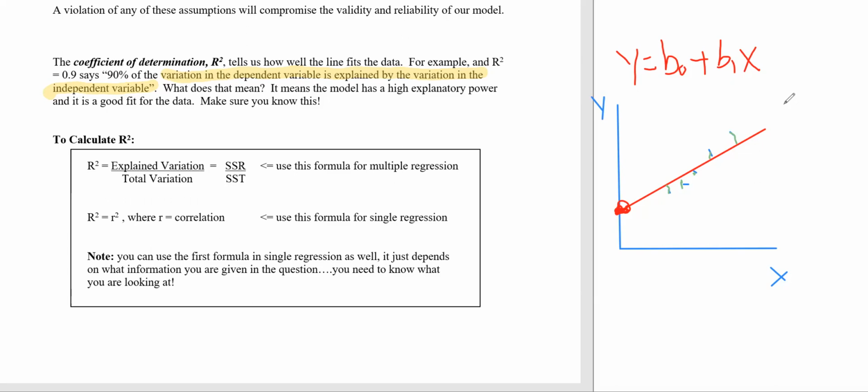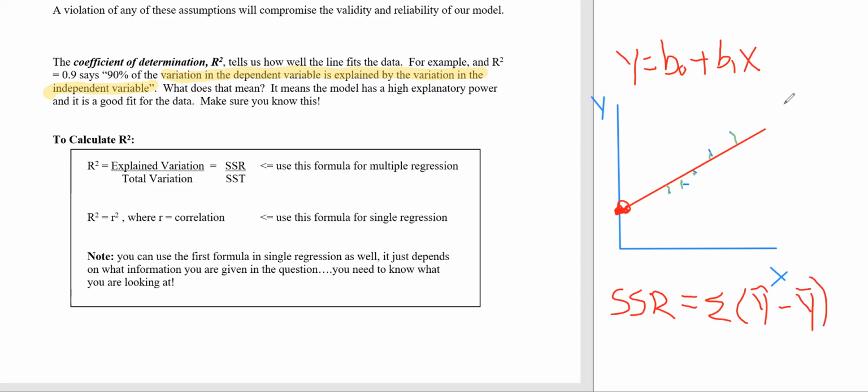The variation in the model is known as the SSR, the sum of the squares in the regression model. It's calculated as the sum of the difference between the predicted values of y, so you might see this as y hat, minus the average value of y.